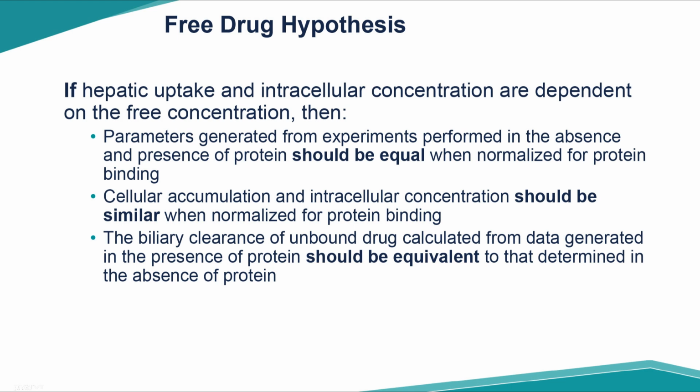This is true for cellular accumulation, intracellular concentration, and what we were interested in, biliary clearance. So if the free drug hypothesis is working well, we should be able to run the experiment in the presence and absence of protein and generate the same parameters.